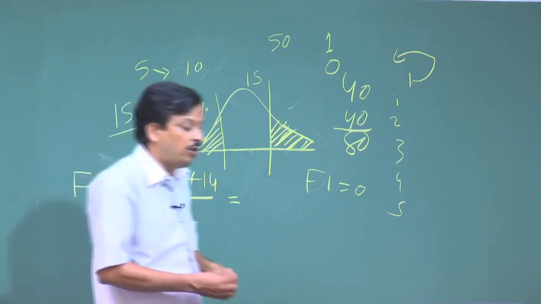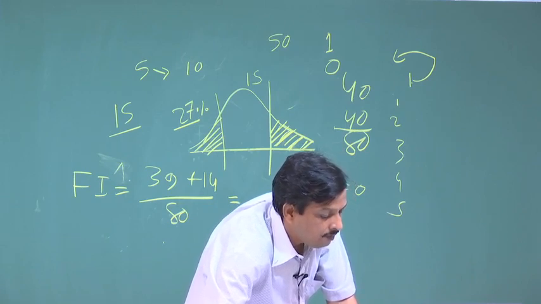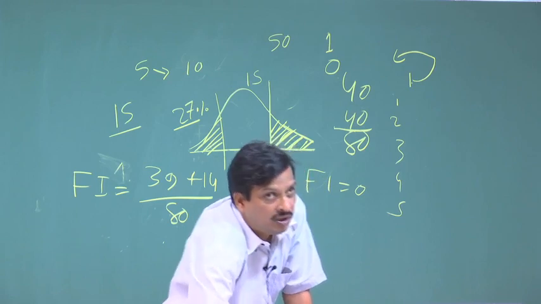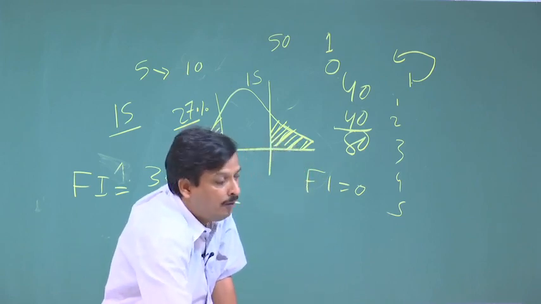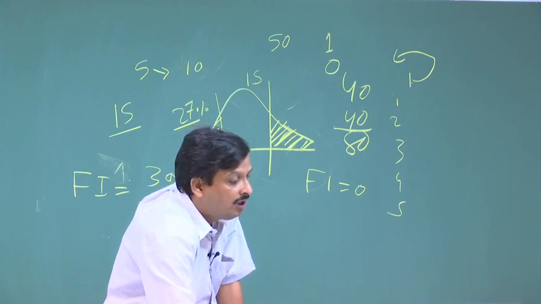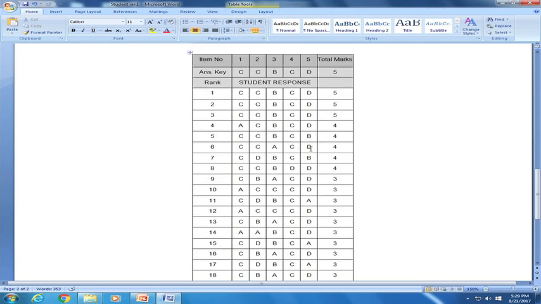Suppose this is a multiple choice question paper, same thing. There are 30 students who gave multiple choice question answers. This is the table of 30 students.